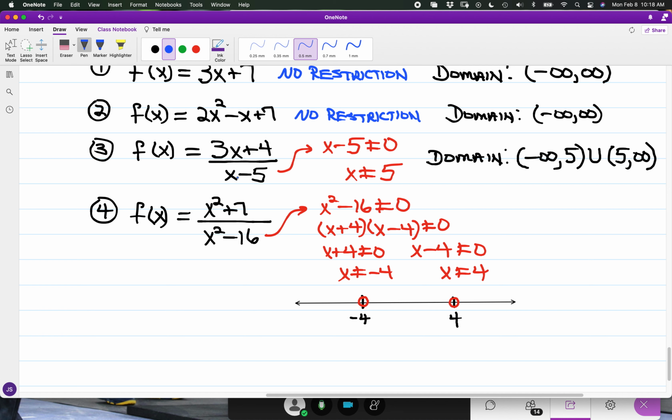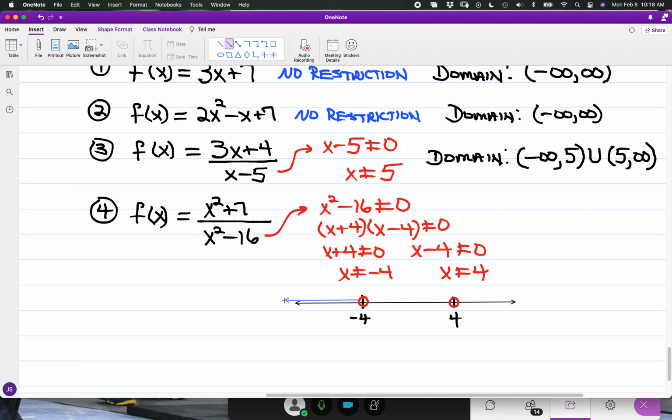And what is going to make up the domain is everything else that we have in x.